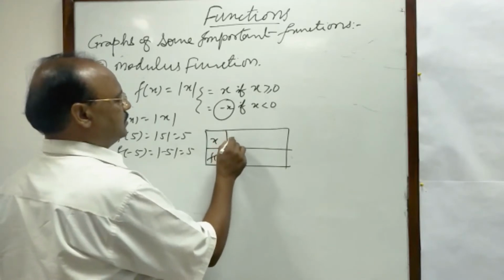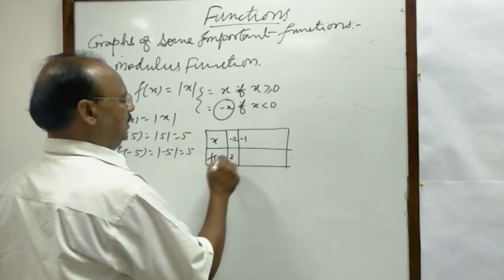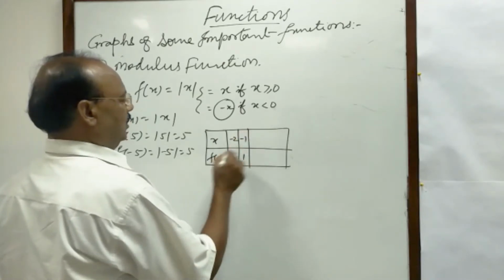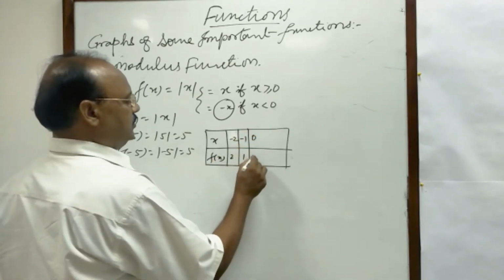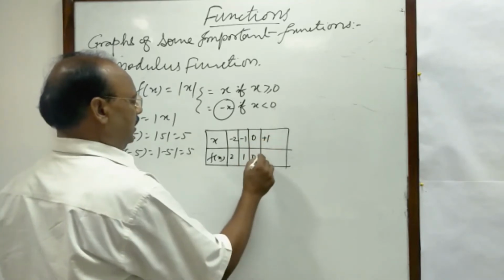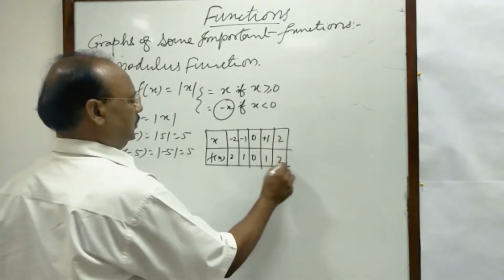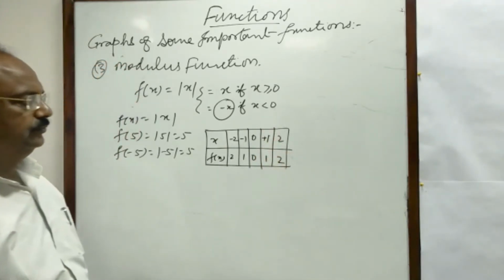Suppose x is -2, f(x) is 2; x is -1, f(x) is 1; x is 0, f(x) is 0; x is +1, f(x) is 1; and x is 2, f(x) is 2.